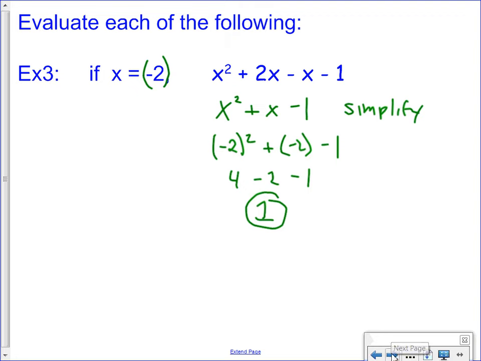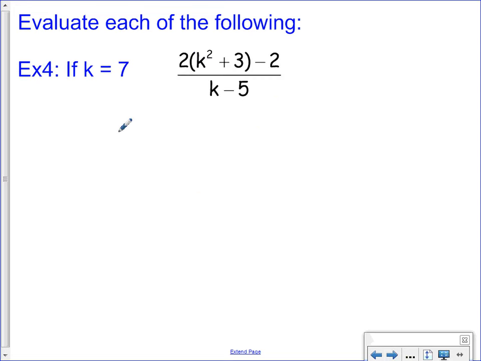Am I going too fast? Excellent. Moving on to number 4. All right, x is 7. So if it's a positive number, just plug it in. No need to worry about signs. So 2 times 7 squared plus 3 minus 2 over 7 minus 5. You can work on the top and bottom individually.